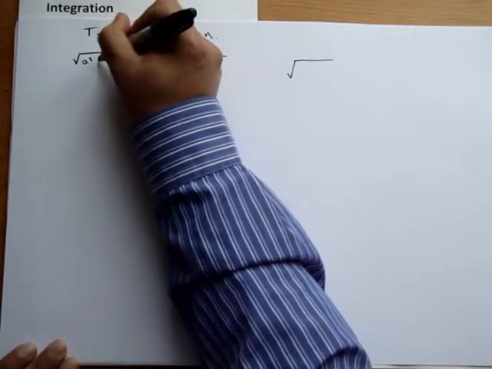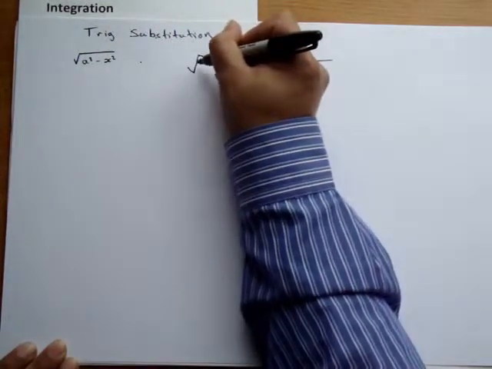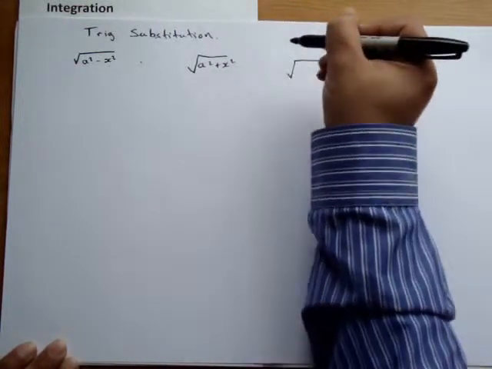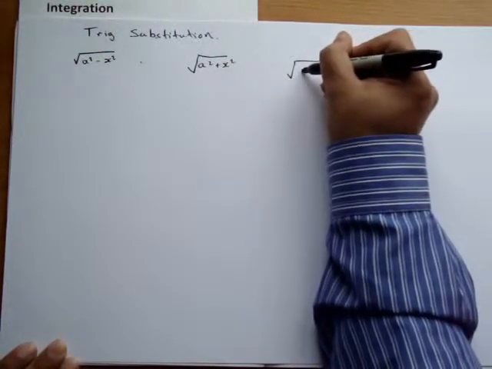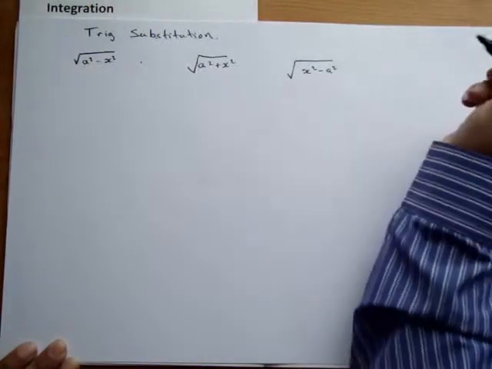So we either have the square root of a squared minus x squared, the square root of a squared plus x squared in the integrand, or x squared minus a squared in the integrand.